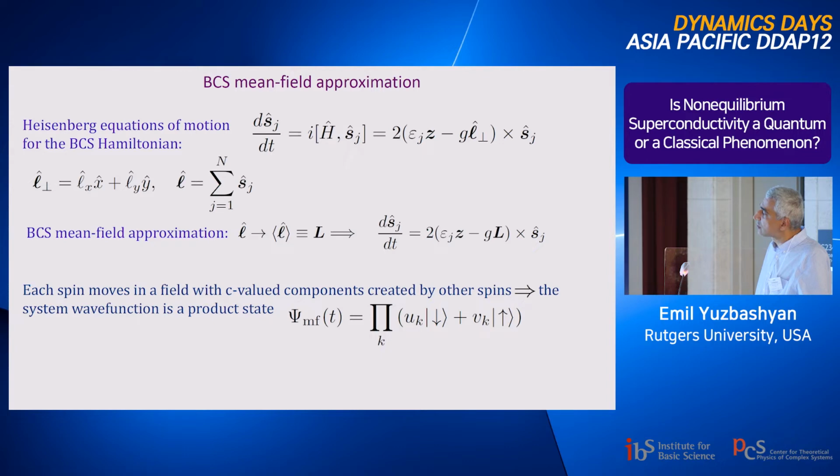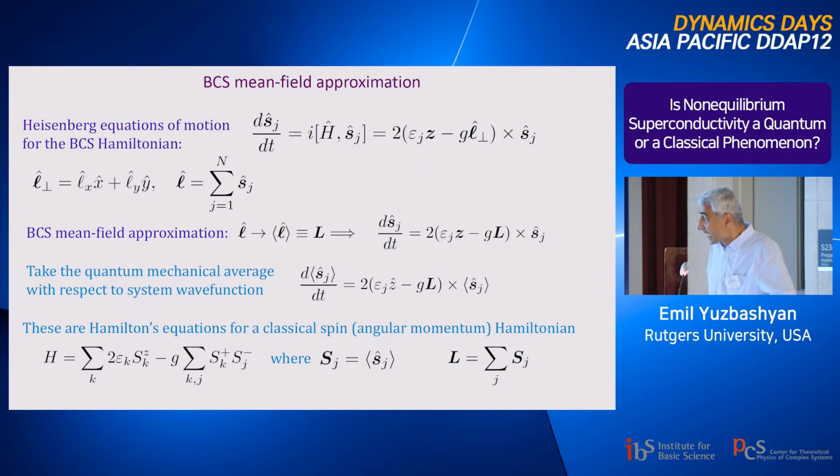And because each spin is moving in an individual magnetic field, the wave function of the system is a product state of individual spin wave functions. So this is the famous BCS wave function written in terms of spins. Let's take the quantum mechanical average of these equations of motion.